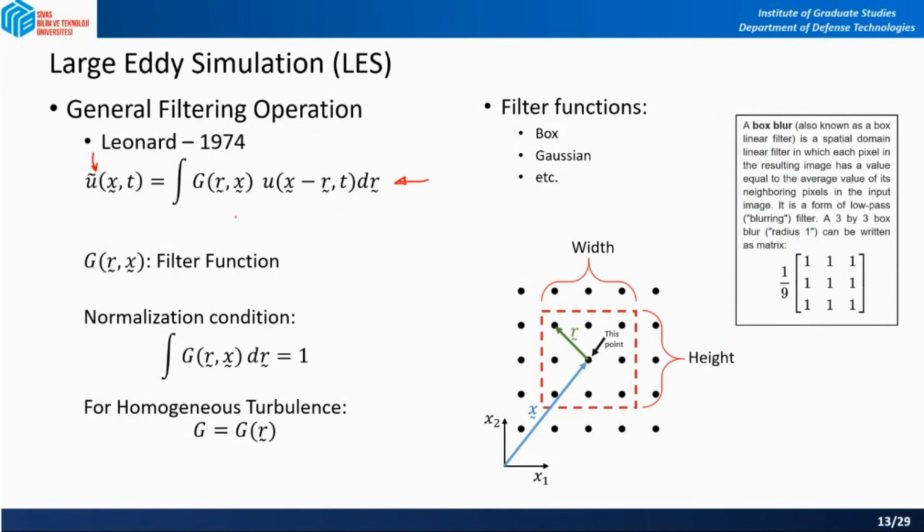Why on earth do I need to understand the mathematics of this? Okay, it's just the integration of g times u. What is g? I call g a filter function.